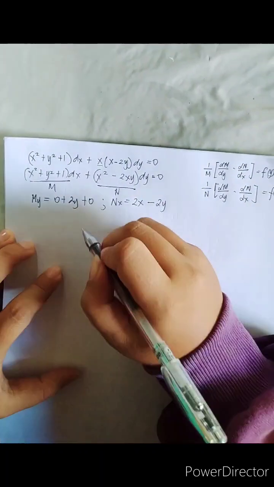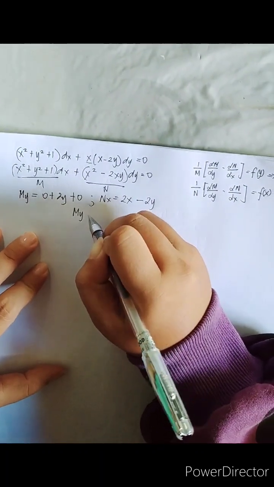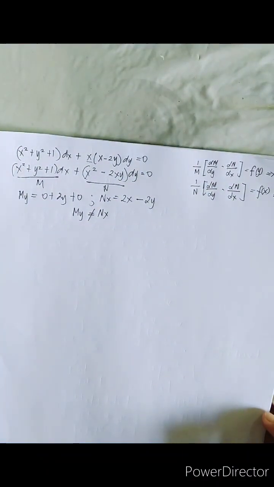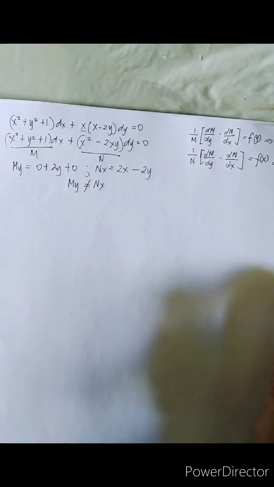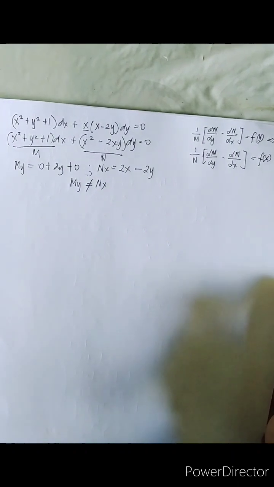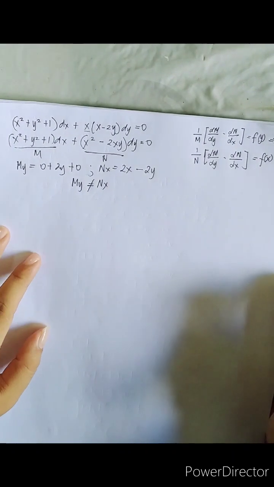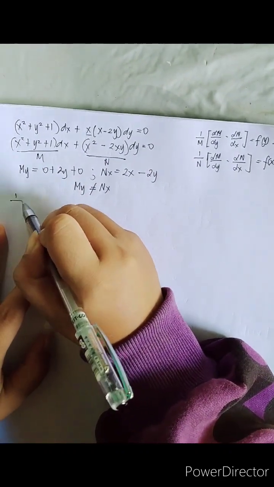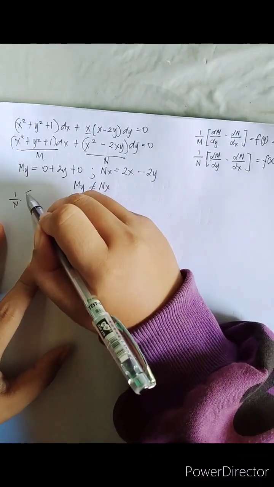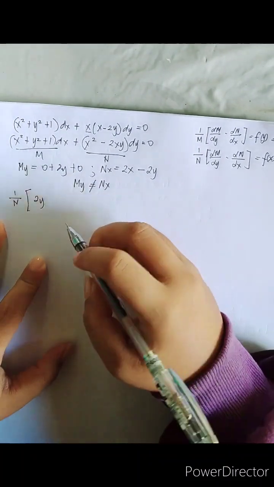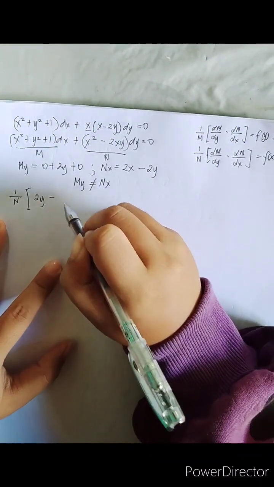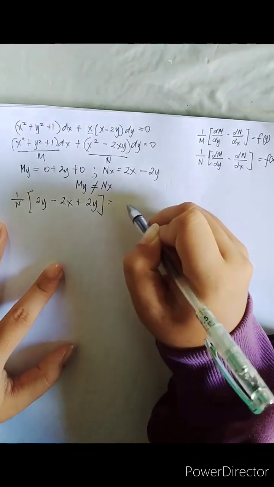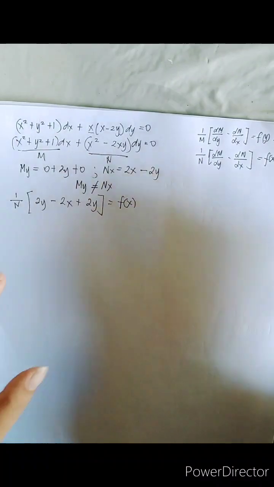Then as what we can see, our My is not equal to our Nx. Then let us use the integrating factor formula. Let us use first the 1 over N. And this will be 2y minus 2x plus 2y is equal to f of x.